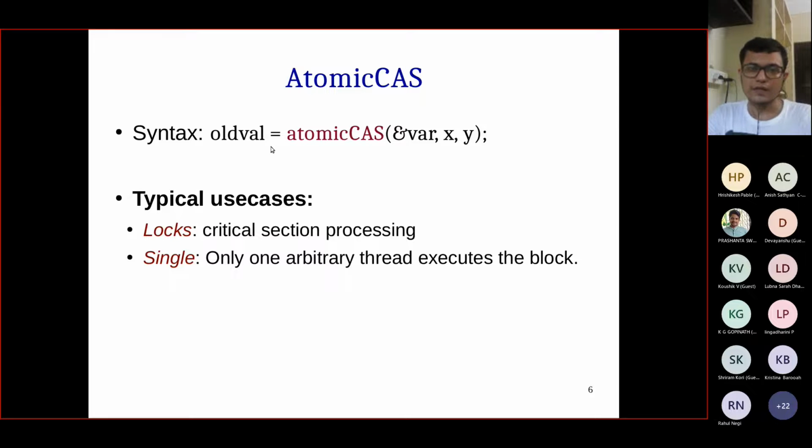I hope that's clear. And it also returns something, which is the old value stored at this address location. I hope that is clear. In case there are any questions, please ask or put them in the chat. And talking about this atomic CAS, there are two typical use cases for it.